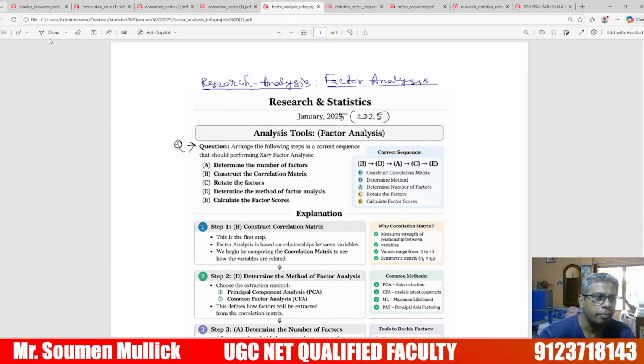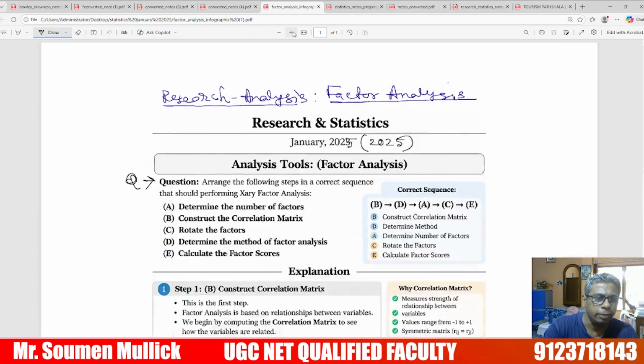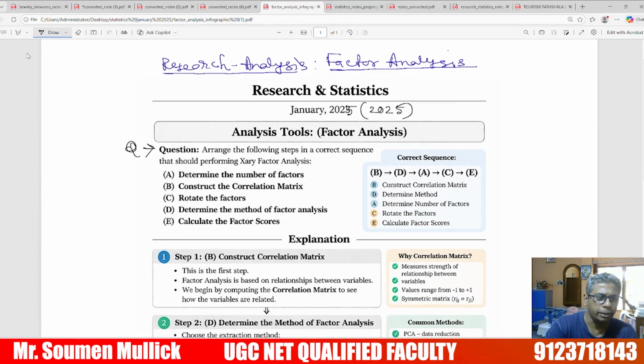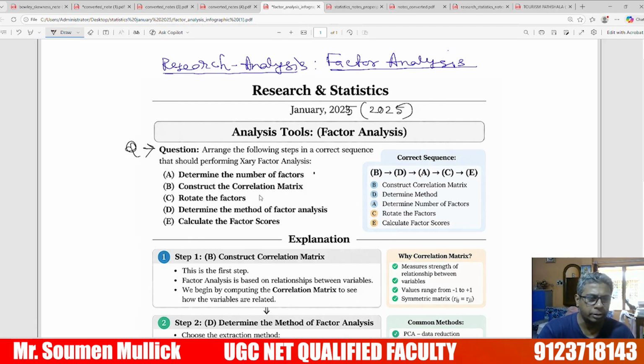Our question is: arrange the following steps in the correct sequence that should be performed in factor analysis. They have given: determine the number of factors, construct a correlation matrix, rotate the factors, determine the method of factor analysis, and calculate the factor scores.